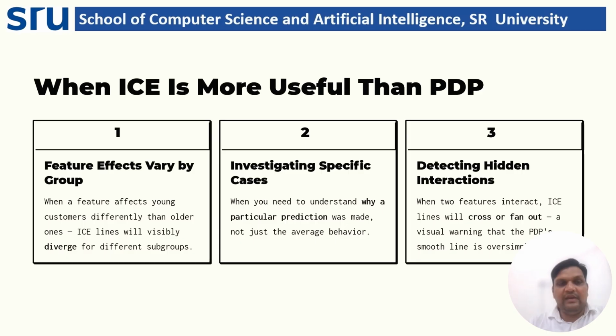Investigating specific cases: when you need to understand why a particular prediction was made, not just the average behavior. Detecting hidden interactions: when two features interact, ICE lines will cross or fan out, a visual warning that the PDP smooth line is oversimplifying.